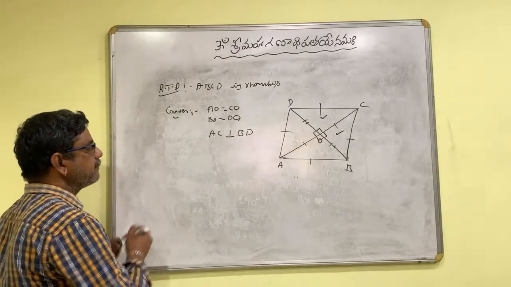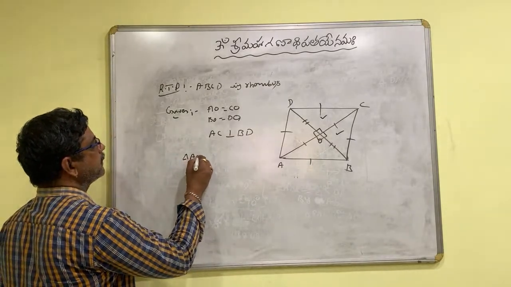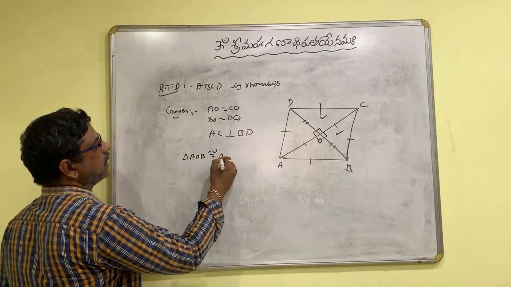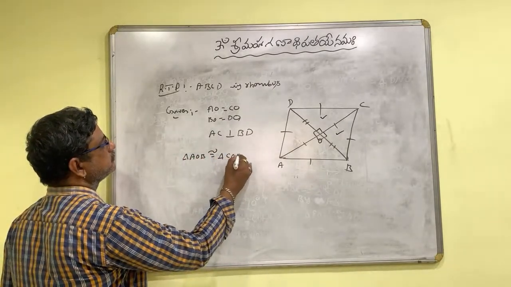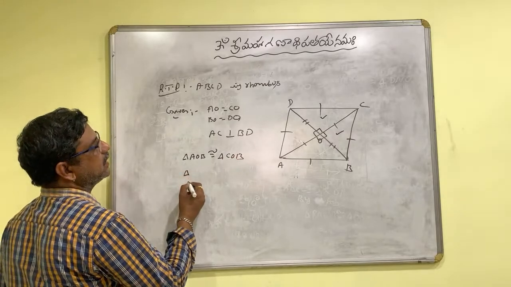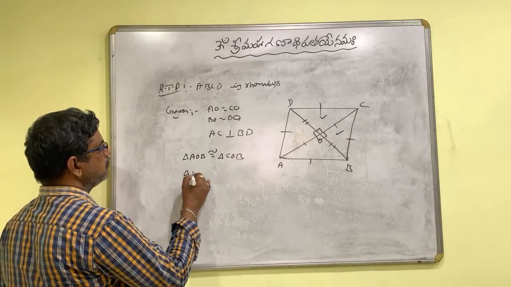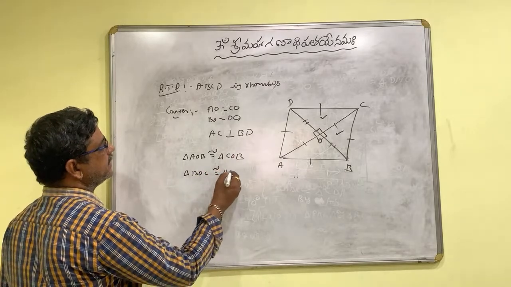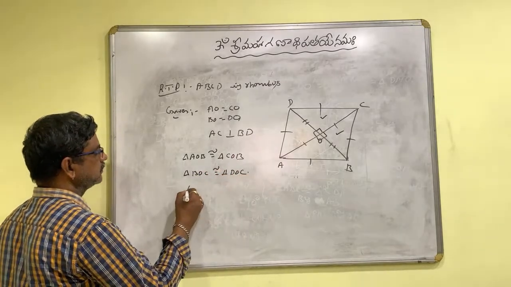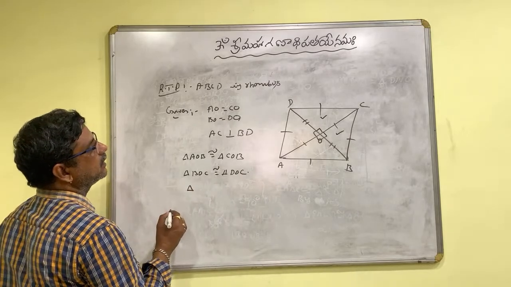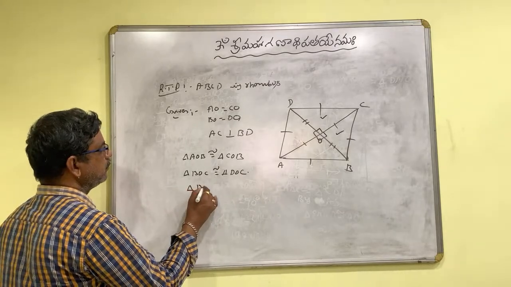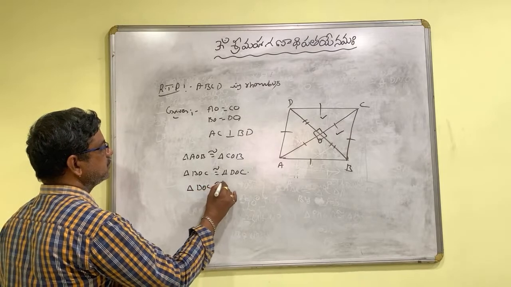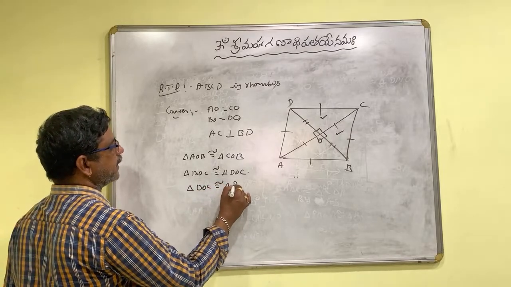So, students, triangle AOB is congruent to triangle COB. Triangle BOC is congruent to triangle DOC. Triangle DOC is congruent to triangle DOA.